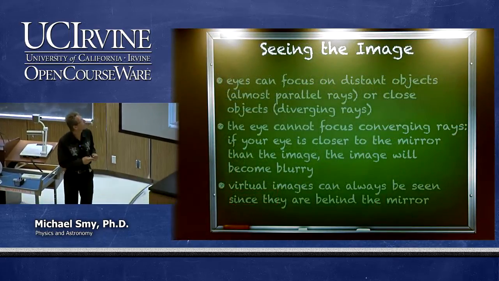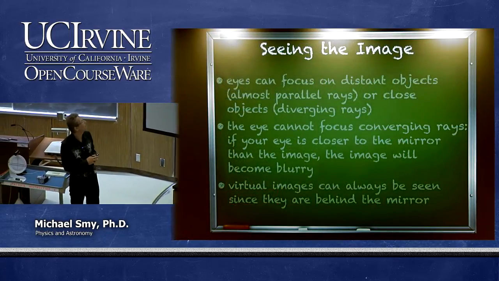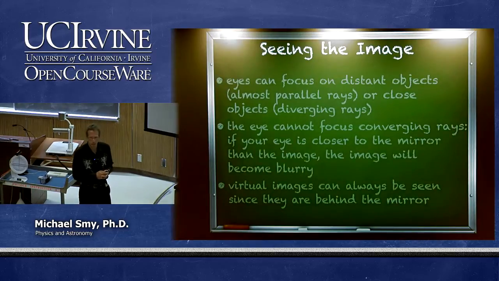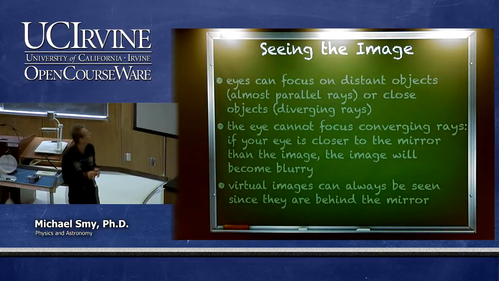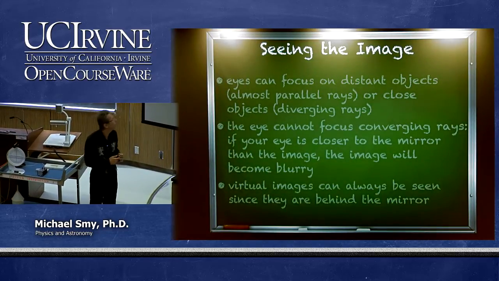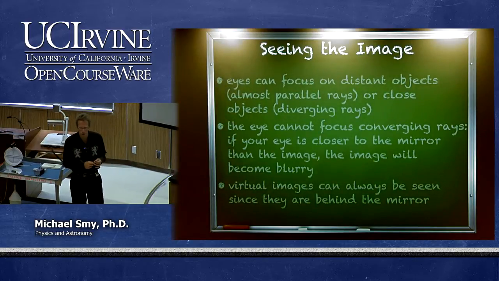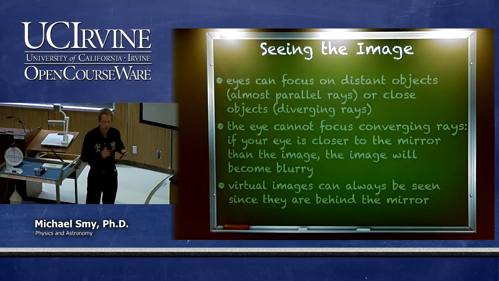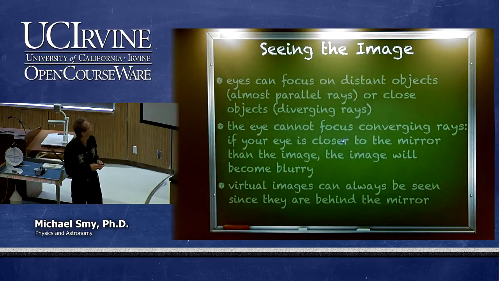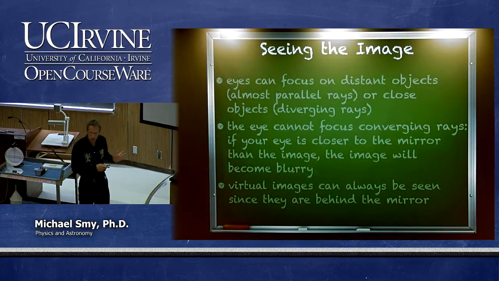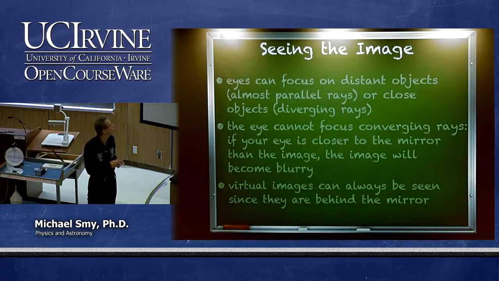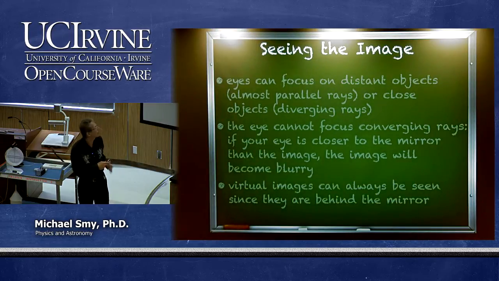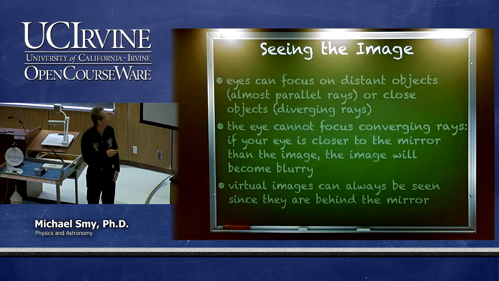If there's an image, we still want to see the image, and the way our eyes are built is they can focus on distant objects, or they can focus on close objects. Distant objects, if you don't have any mirrors, emit almost parallel rays because they're far away from us. Close objects, on the other hand, will produce diverging rays.